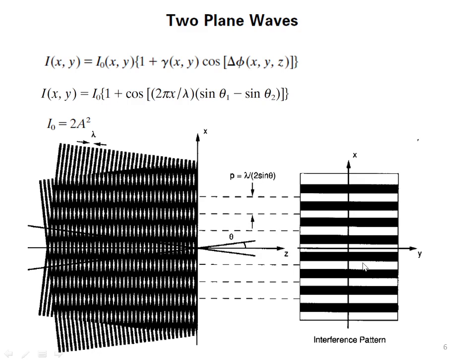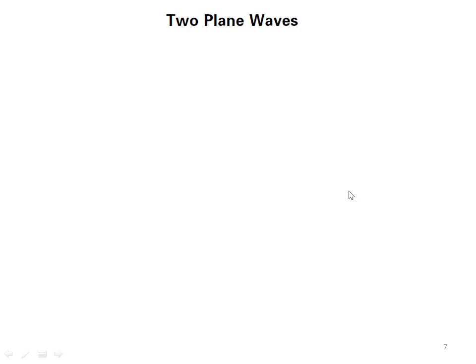Now the question is, why are the fringes linear and what will be the width? So these are bright fringes, the white color, and the black color refers to the dark fringes. Let us first ask why they are linear.